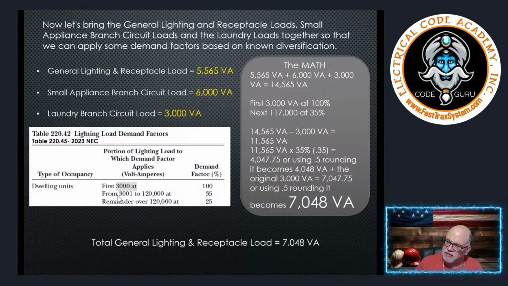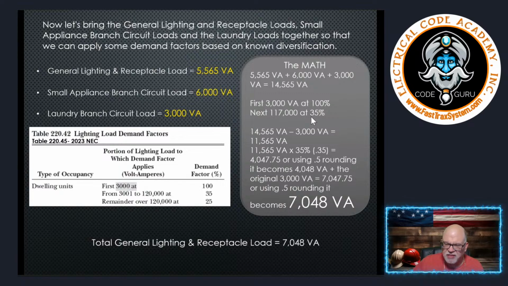Here you see it says the first 3,000 at 100%. So we know that of that 14,565, at least 3,000 of it is at 100%. We're going to take that 3,000 and set it aside. Now, from 3,001 up to 120,000, which our dwelling falls well below, so it falls right in there, we're going to take that remainder at 35%.